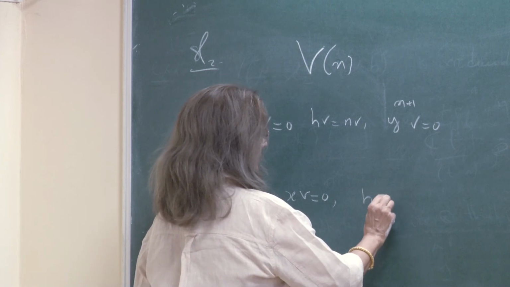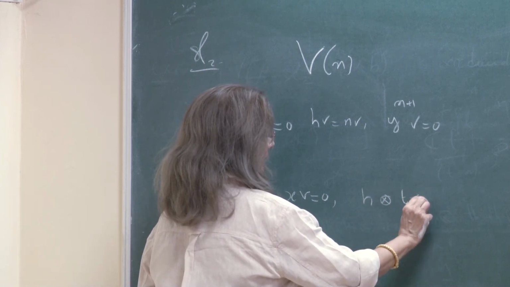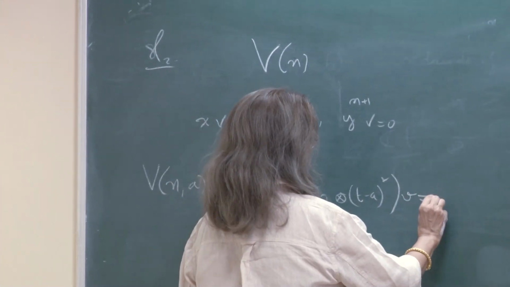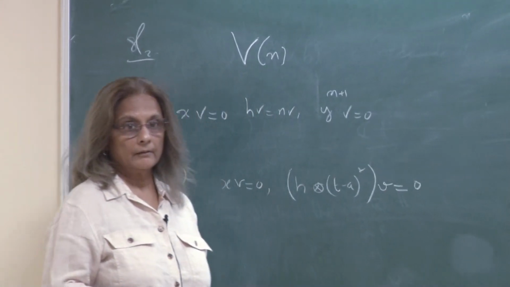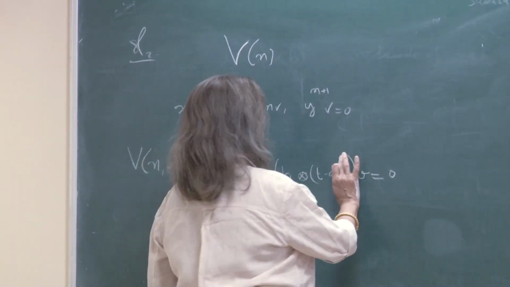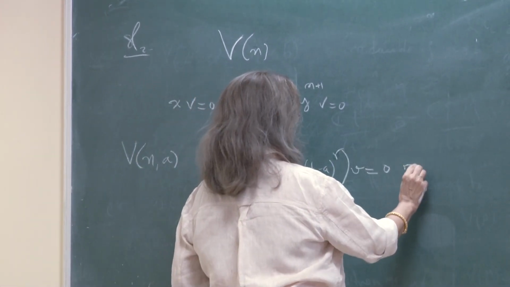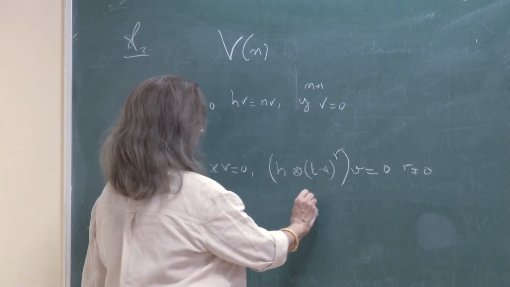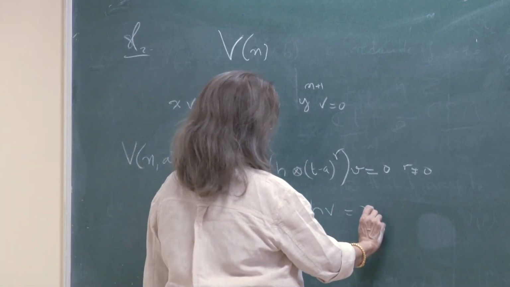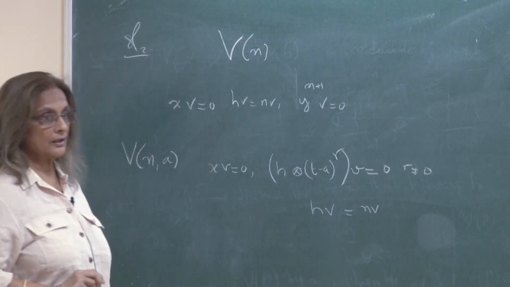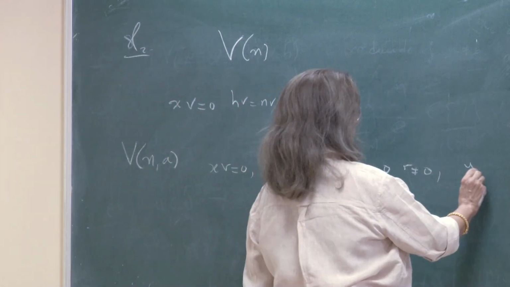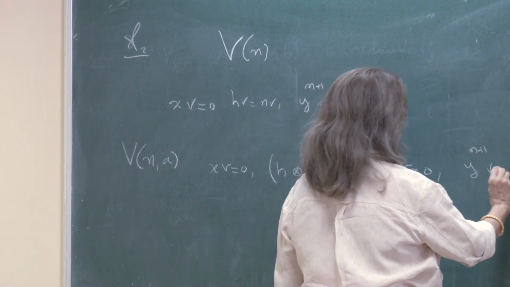I have that h tensor (t minus a) to the power r on v is always 0, for r not equal to 0, because I'm substituting t equal to a, so this becomes 0, and hv equal to nv. I'm always putting in the minimal possible relations that I can see, and I keep that one, which is just y to the n plus 1 v equal to 0.